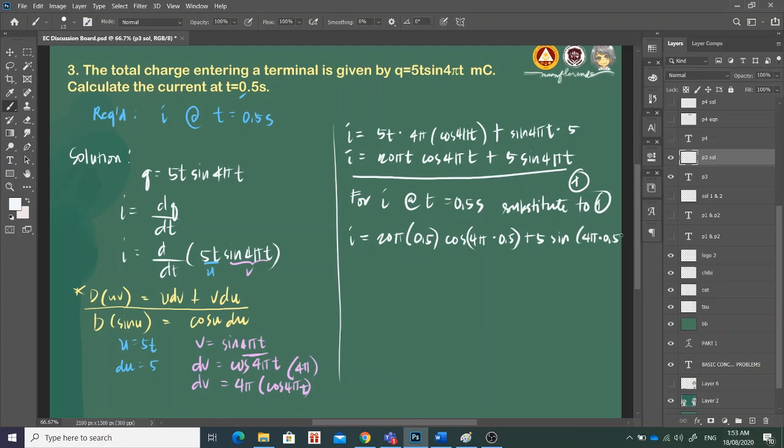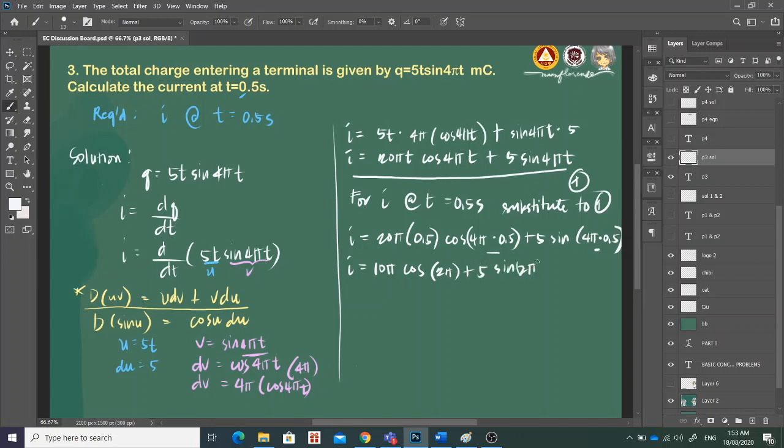So, naka-radian nga lang yung ating, ito yung angle natin ha, ang angle yung mga yan, that is in radian. So, 20 pi times 0.5, so I is equal to 10 pi cosine 4 pi times 0.5, so that is 2 pi, plus 5 sine 2 pi.